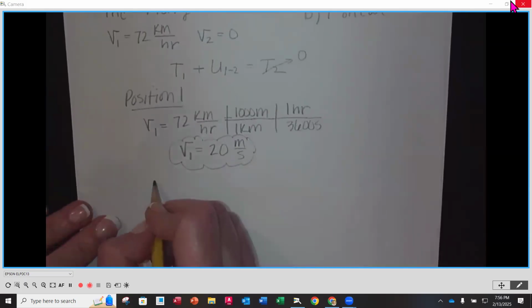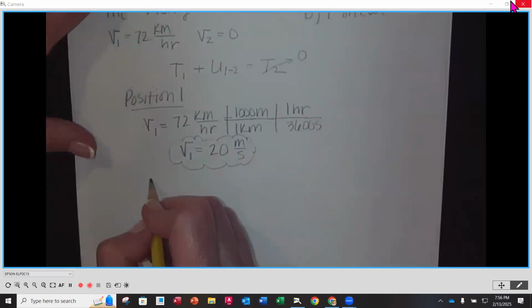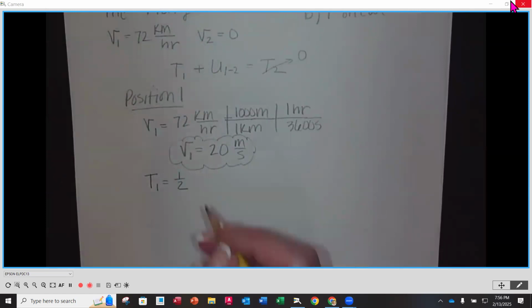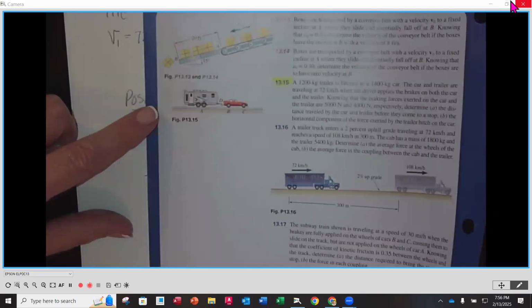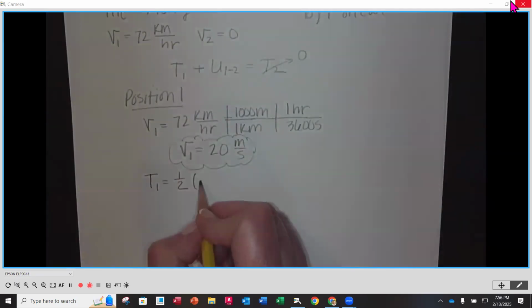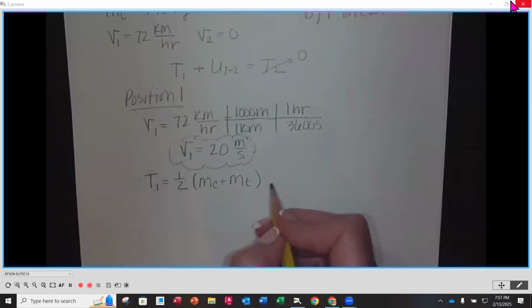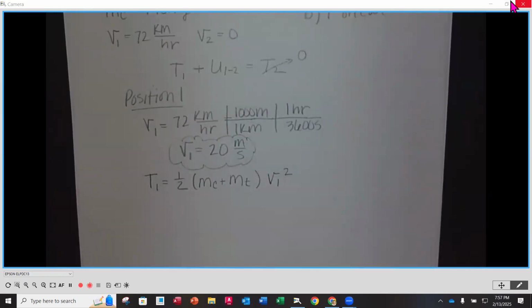Now T1, as long as we're here, is equal to 1/2 times mass times the velocity squared. Because the car and trailer are connected and moving along together, we're going to take the mass of the car plus the mass of the trailer and add those two together, and then multiply that by V1 squared.